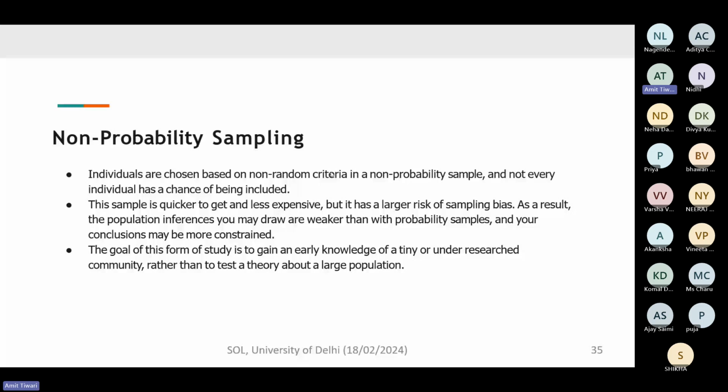The next one is non-probability sampling. Non-probability sampling is where the randomness will not be there. In non-probability sampling, we choose or make the sample based on certain criteria, like our convenience, or giving a certain quota to the people, or maybe we can request people to tell us whom we can ask questions, to whom we do the survey.